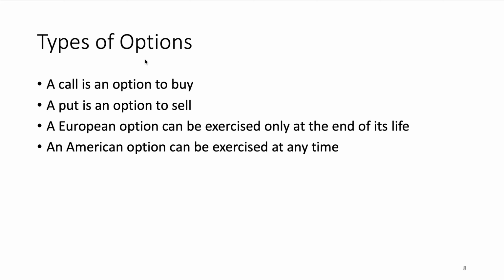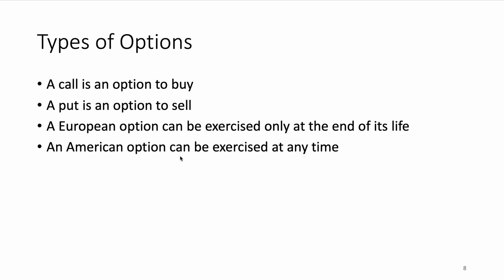The same thing is true with options. Options have two types. One is called a call, which gives you the right to buy at a certain price. The other is called a put. It gives you the right to sell. There are also two types of options by exercise. One is called a European option, which can only be exercised at the end of its life, at maturity.